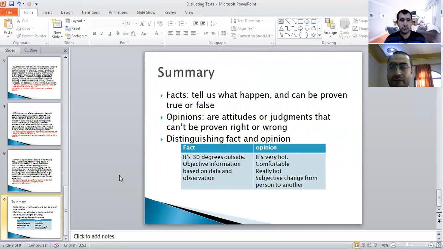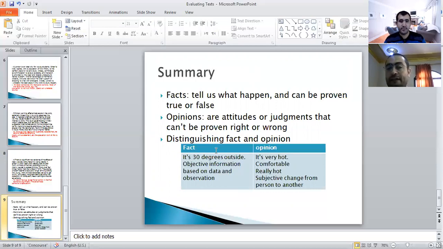The main points were facts and opinions. Facts tell us what happened and can be proven true or false. Opinions are attitudes or judgments that can't be proven right or wrong.